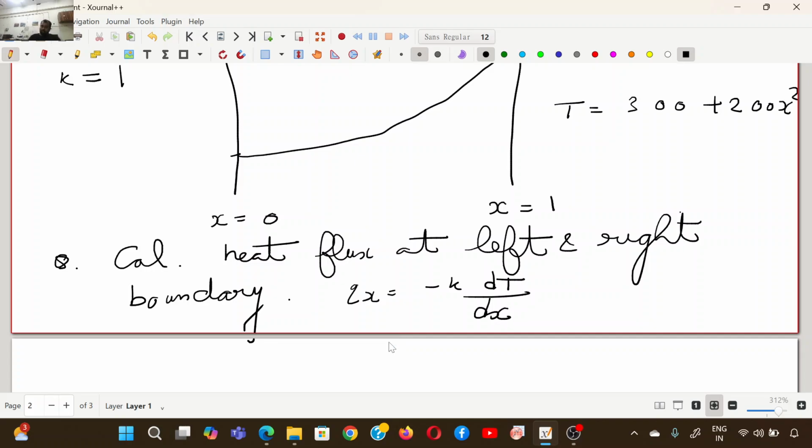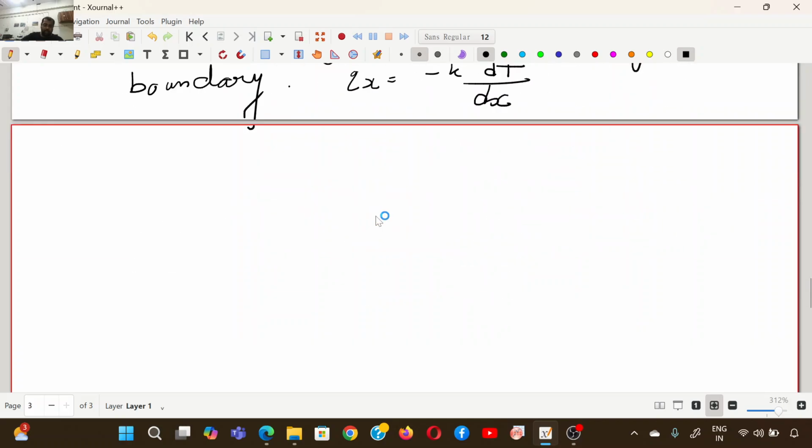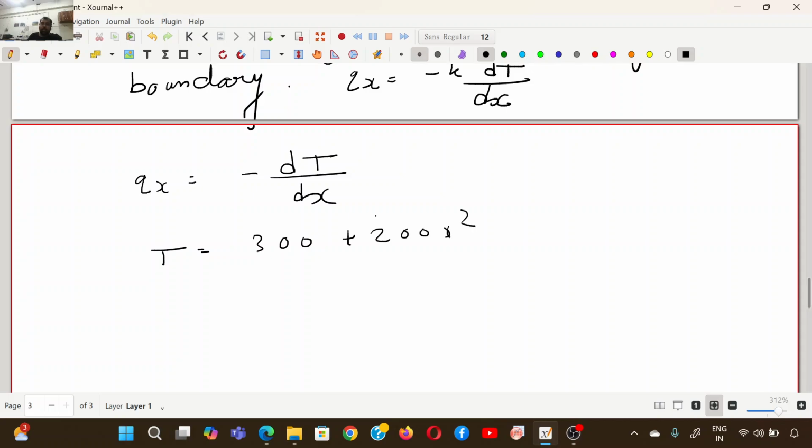So I hope you found this answer. As k is equal to 1, qx is just minus 1 into dT by dx, so just minus dT by dx. And T is 300 plus 200x square. So what is dT by dx? 400x.